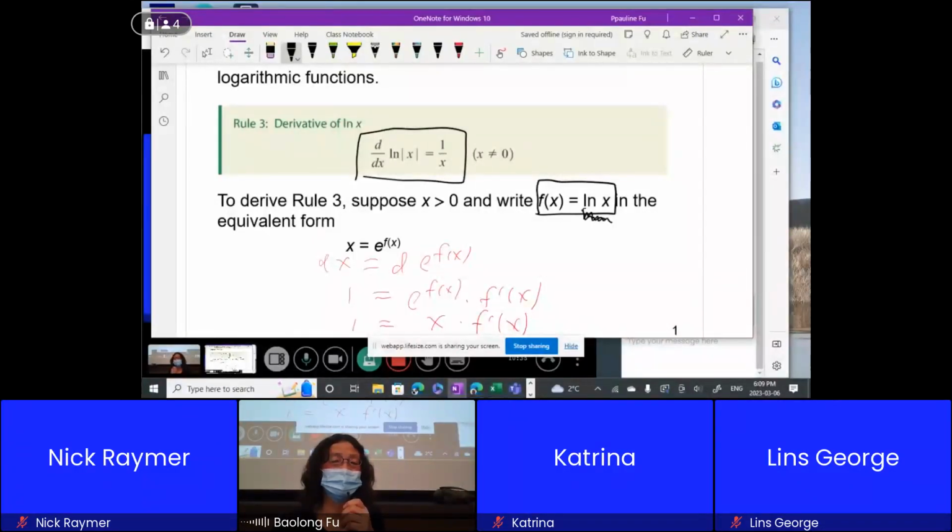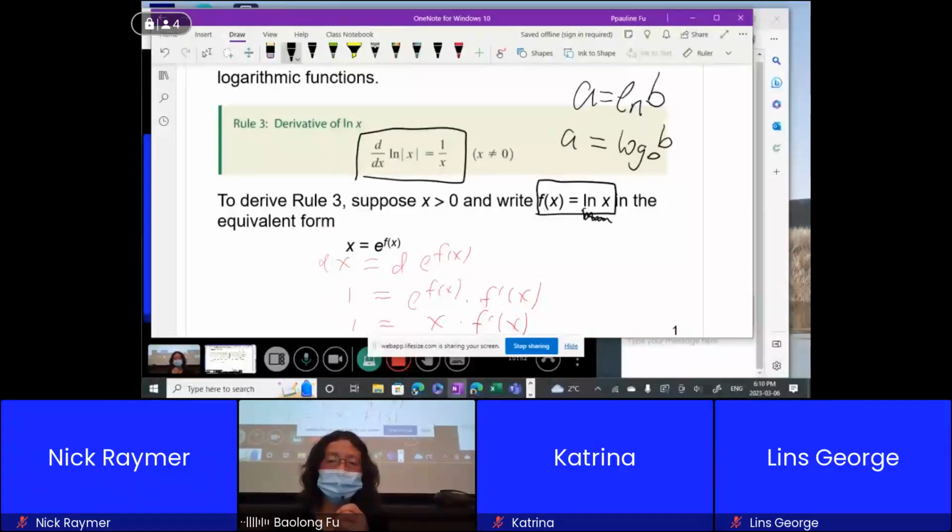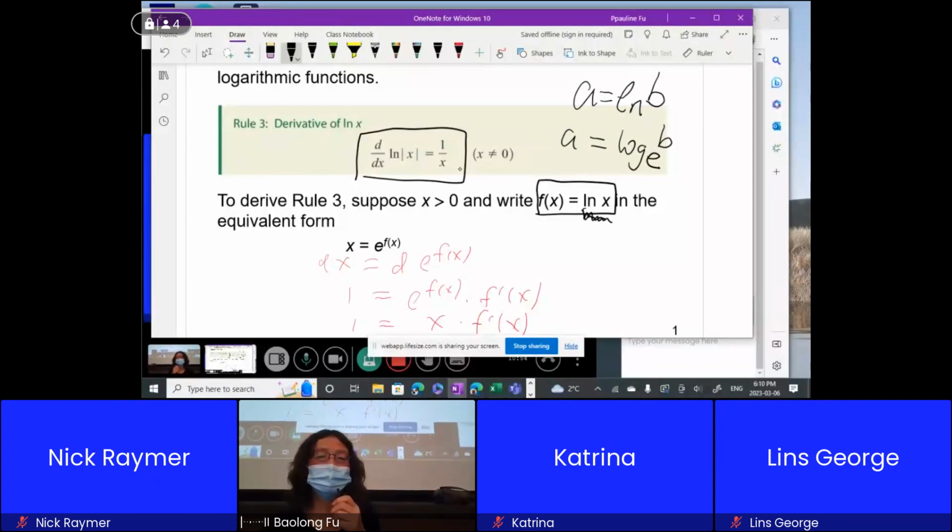Okay, so let's practice the basic format. For example, if I have A equal to ln B, this ln means base e. It is the same as log base e of B. Base e, we write ln.